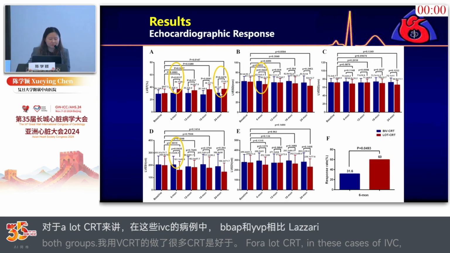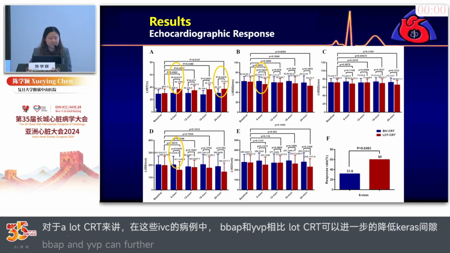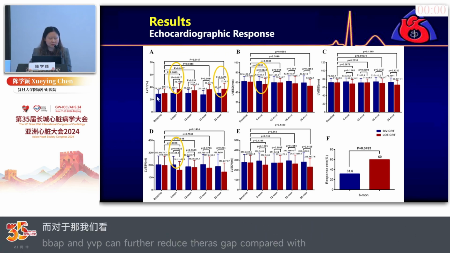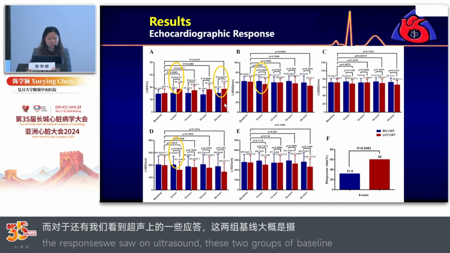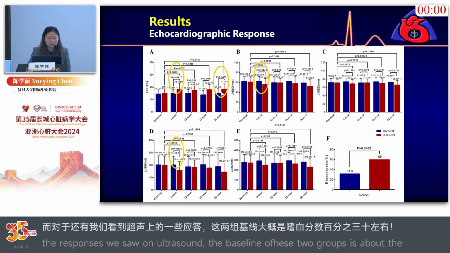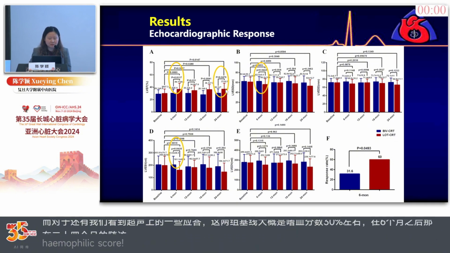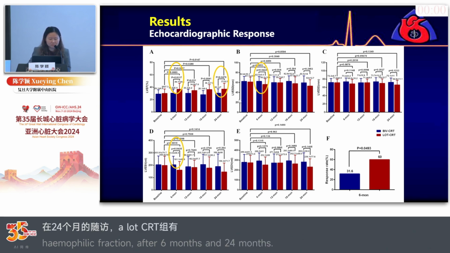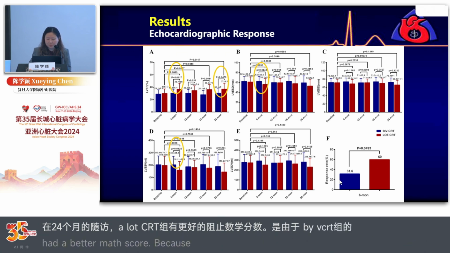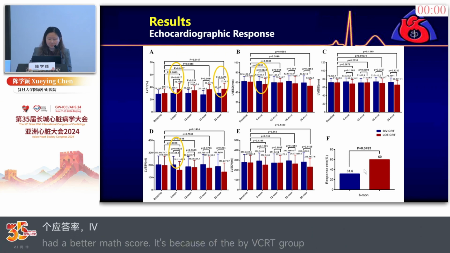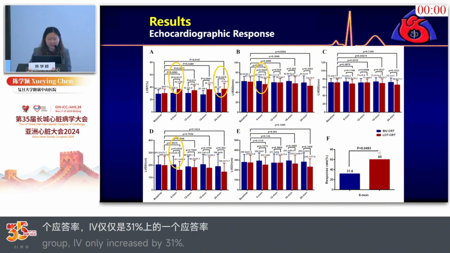And for echocardiographic response, we can see the baseline of both groups is around 30% LVEF. And after 6 to 24 months of follow-up, the LoT-CRT group has a better LVEF than the BiVP CRT group. And for echocardiographic response rate, BiVP has just a 31% response rate, but for LoT-CRT we have a significantly higher response rate, over 60%.